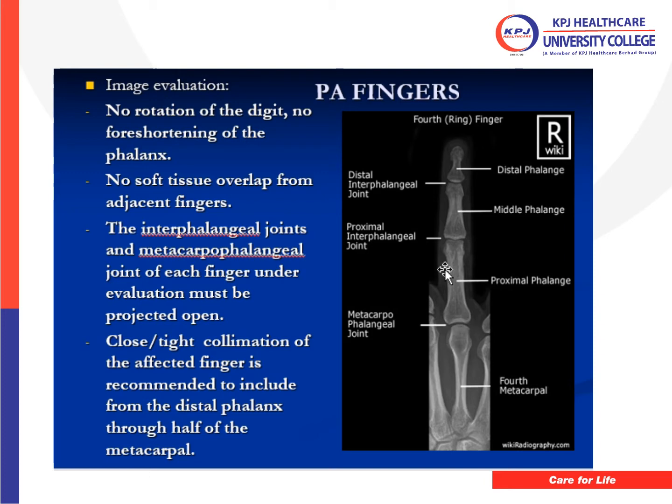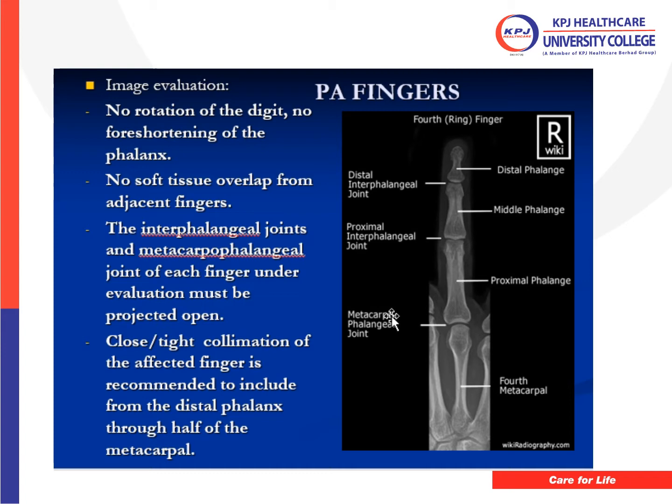The joint itself is an indication of whether it is supposed to be an open joint space. And then no soft tissue overlap from adjacent fingers. Remember, anything that you project is not supposed to be overlapping, even the soft tissue. This is the soft tissue, and this is the bone itself. The interphalangeal joint of the finger under investigation must be open, as I said.